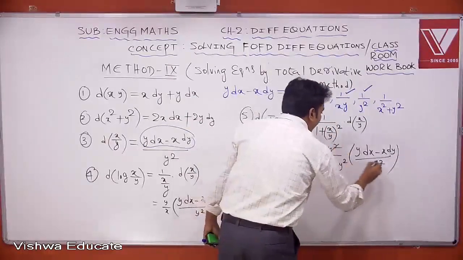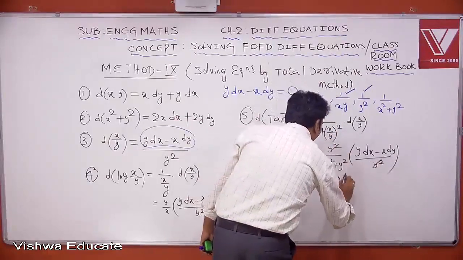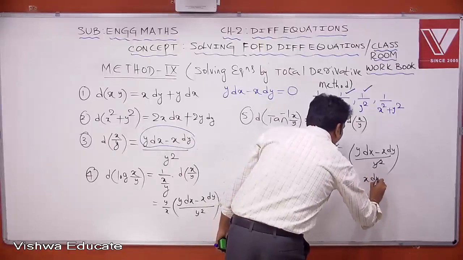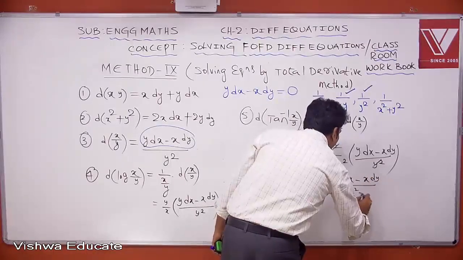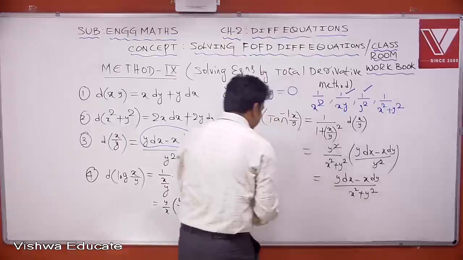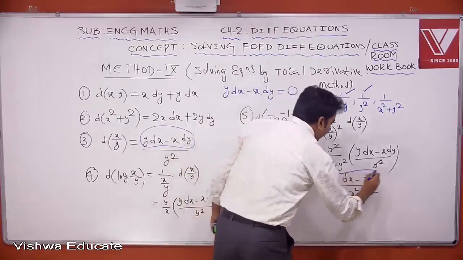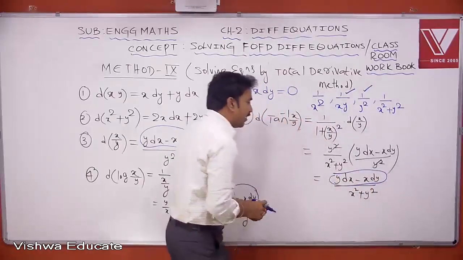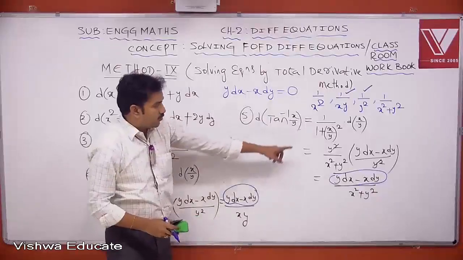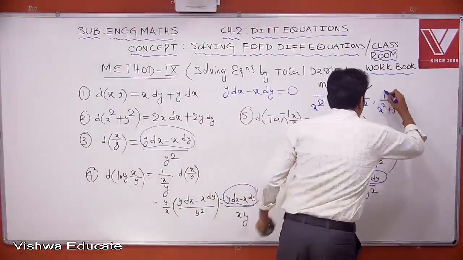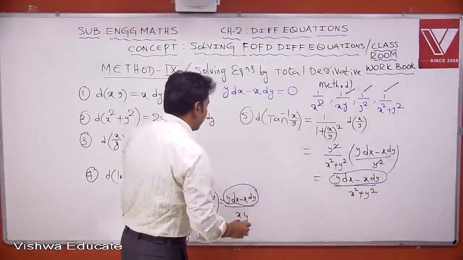Cancel out y square and y square. We get y dx minus x dy divided by x square plus y square. Interestingly, even here we have y dx minus x dy. Therefore 1 by x square plus y square is again an integrating factor of the same equation.